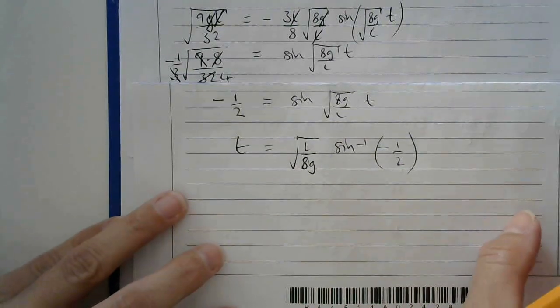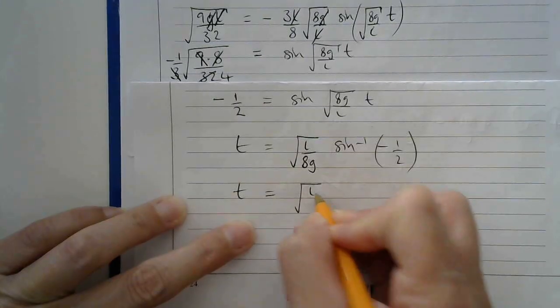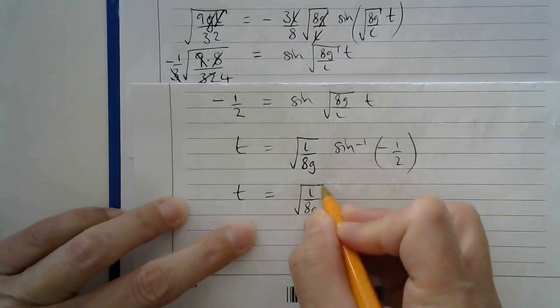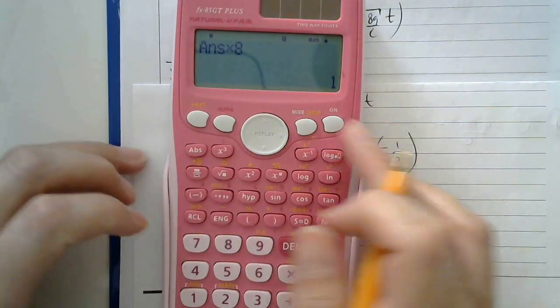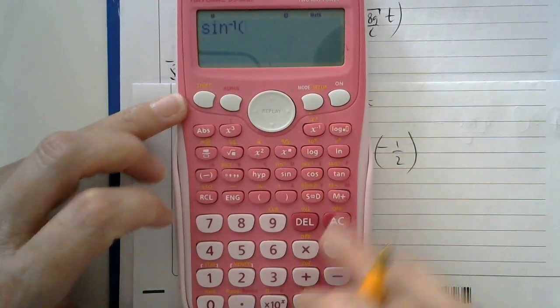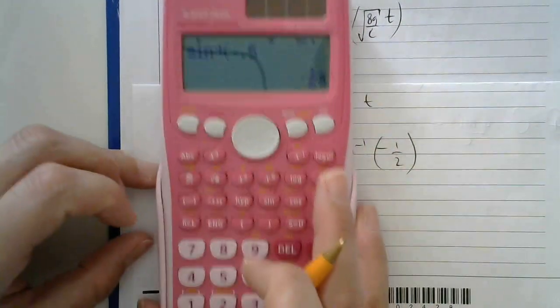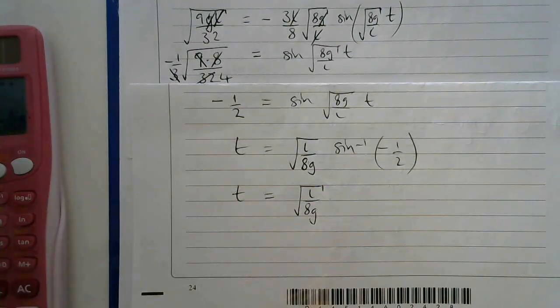So t is root of L over 8G multiplied by the inverse sine of negative a half, and that gives me negative pi over 6.